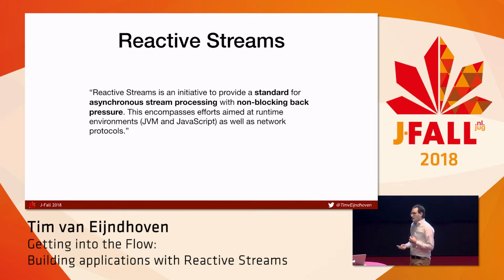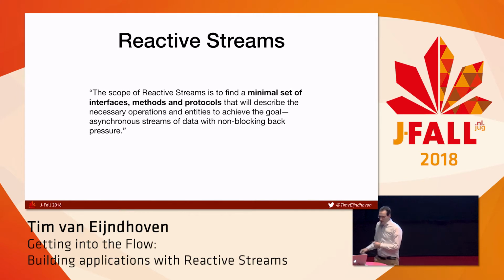And especially this asynchronous nature is important, and the non-blocking back pressure is important as well. Those are the key components that discern this technology from, for example, the streams in Java 8. And the other thing is that the initiative was aimed at finding a minimal set of interfaces.